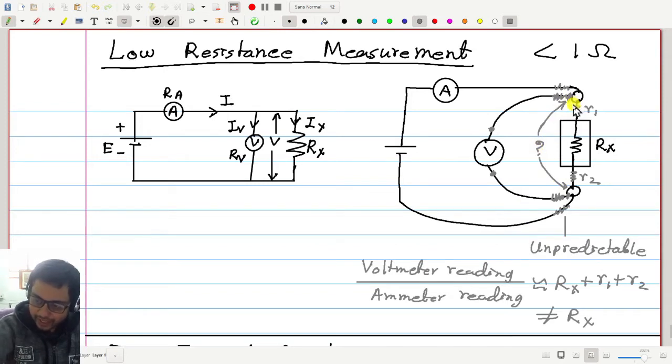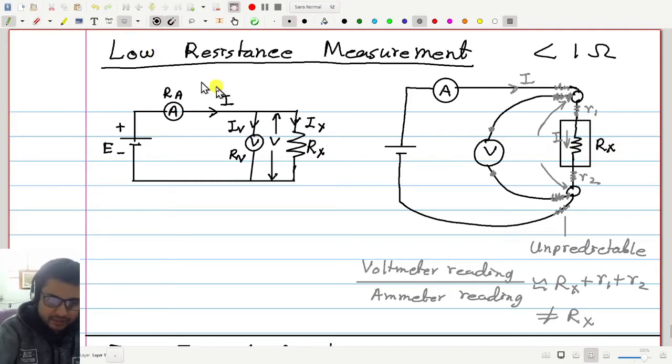That will be the same as the current in this branch multiplied by these resistances. Again, if this current is I, most of it will flow through here, I, and very little amount will flow through the voltmeter. That is also true. But now the problem is this voltage is I multiplied with Rx plus R1 plus R2.